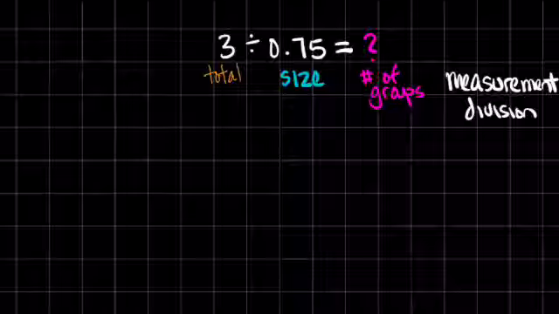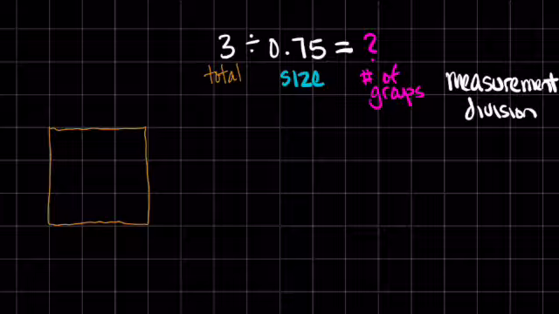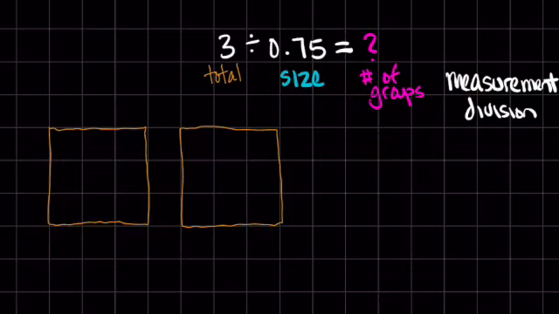Okay, so let's see what that looks like. I have 3 wholes, so I'm going to make the flat 1 whole, and I'm going to have 3 of those. And now I'm going to measure out 75 hundredths and see how many times I can do that.